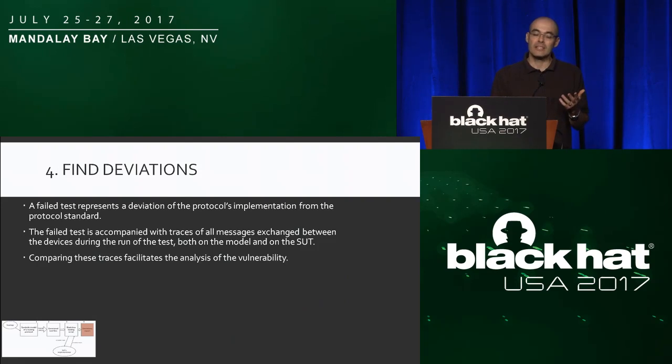And once I find those deviations, I can now try to analyze if they indeed pose a security threat to the network or not. This can be done very easily because I can really trace all the packets sent throughout the test, both in the network model and the real network, and see the root cause of this deviation.